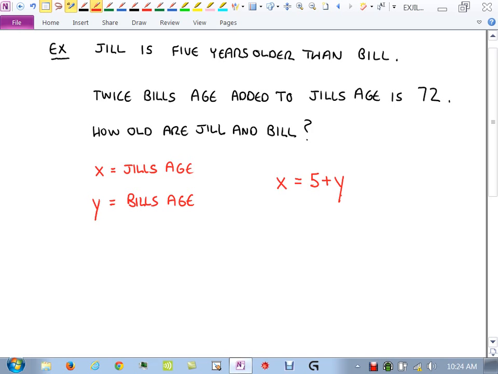Twice Bill's age added to Jill's age. So how do I write that out? Twice Bill's age, 2y, added to what? Jill's age is x, equals 72. If I put the brace in front of it, you see what we have?